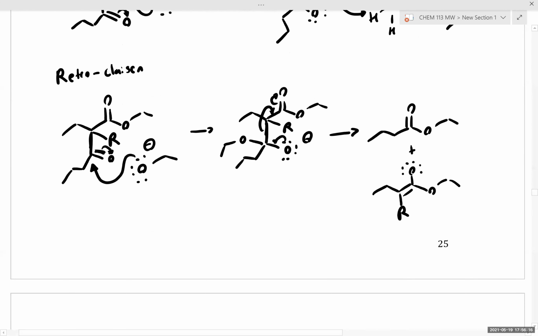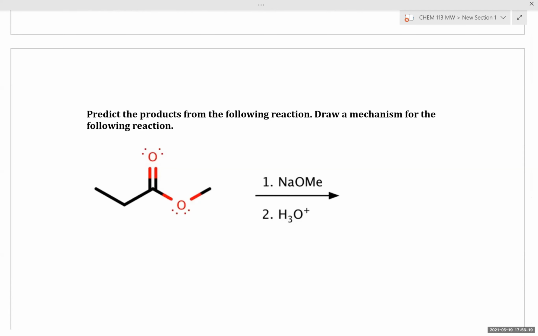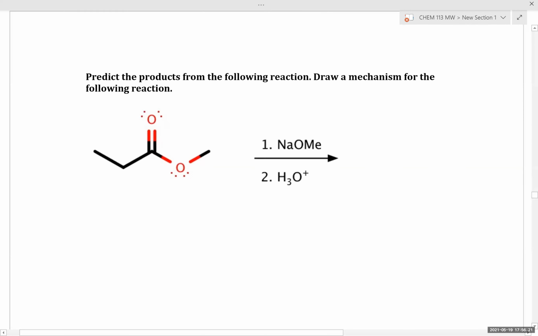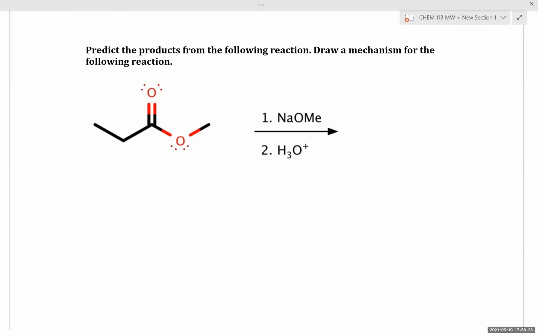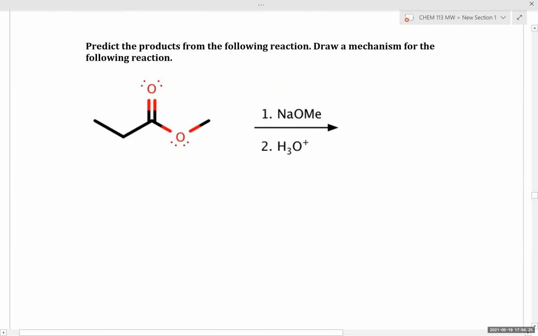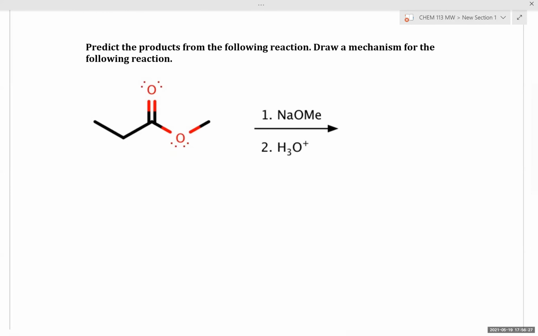Okay, so let's try to apply what we've learned for the Claisen reaction and the mechanism of the Claisen reaction to the following problem. So given the following starting materials, we're asked to predict the products from the following reaction and draw a mechanism for the following reaction.